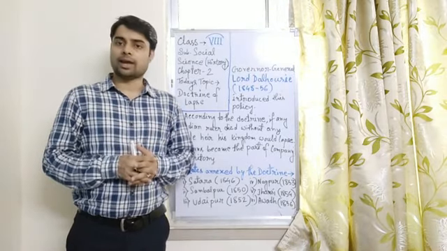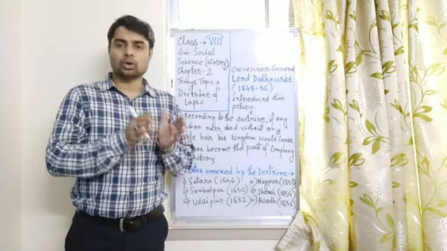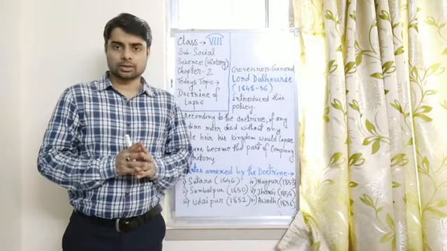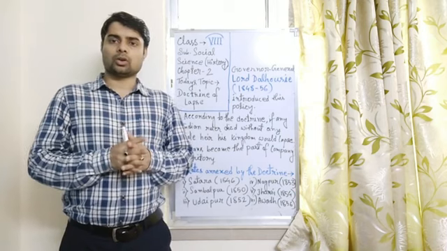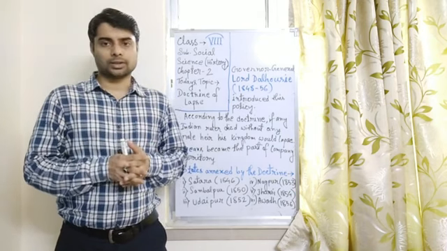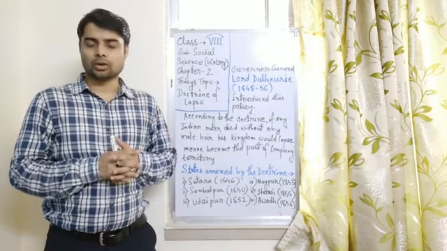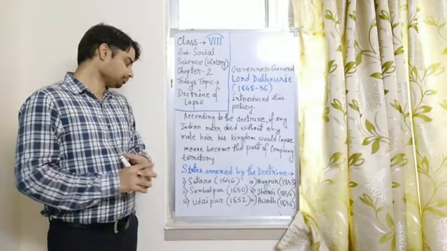And male heir means only the son, not the nephew or any other relative's son or adopted sons. Adopted sons and nephews are not allowed to sit on the throne after the death of any king. This is the main objective of the doctrine.